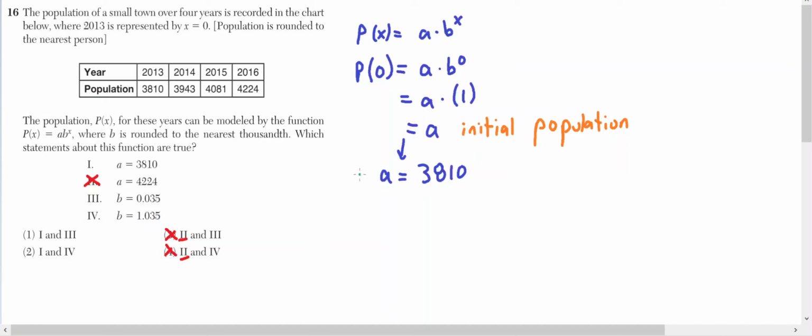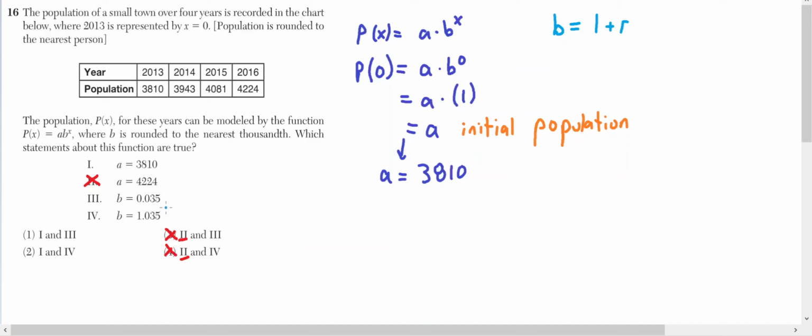Now, in the model, p of x equals a times b to the x. The b here is equal to 1 plus r, where r is a number that indicates the rate of growth or decay. If r is positive, then it indicates growth. If it's negative, it indicates decay. We could also just look at the value of b.